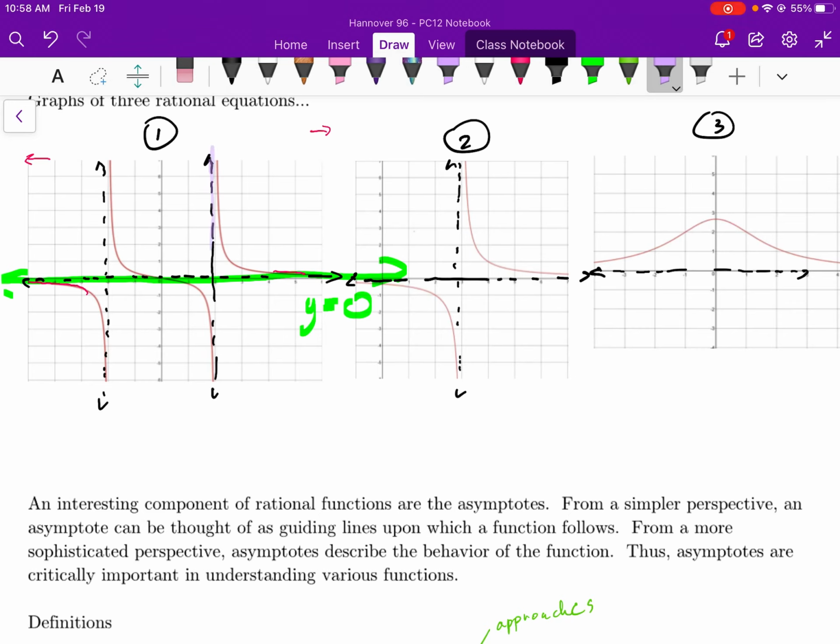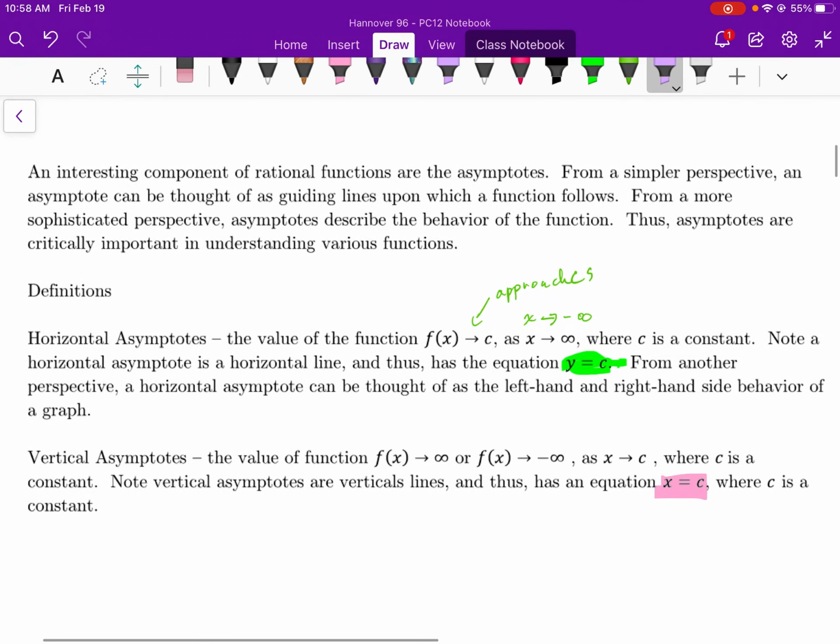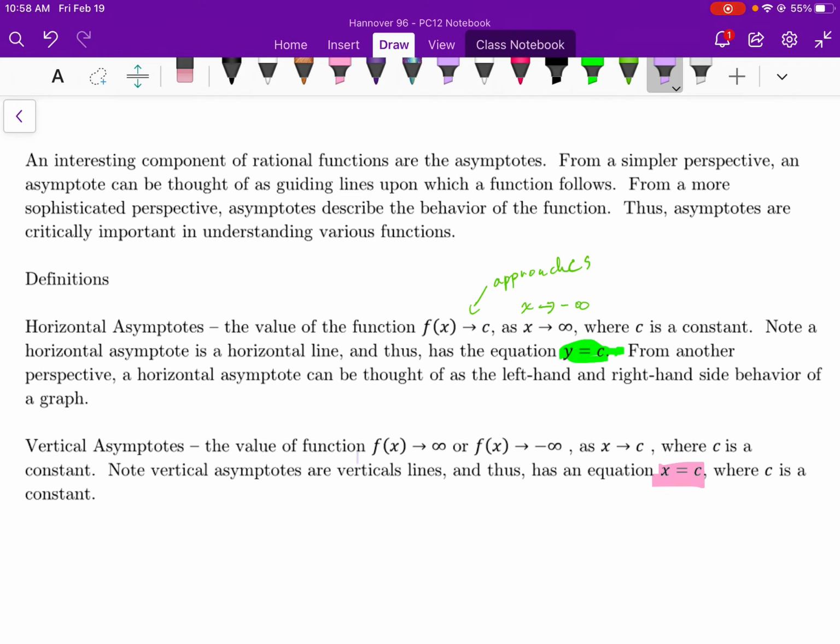What I notice is that I have two vertical asymptotes. And the definitions, I understand, are a little bit tough. But what we say is that the y values either get really, really large in the positive direction or really large in the negative direction as x goes towards some constant c, where c is just any number.